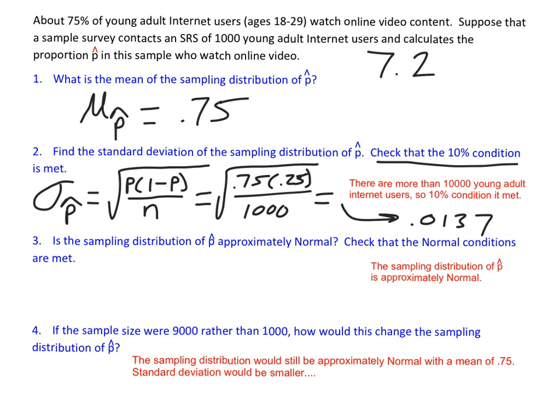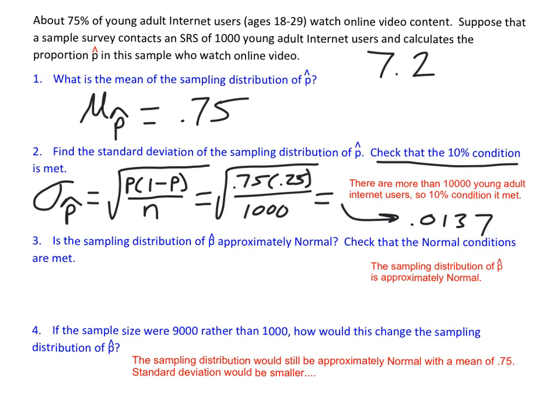Anytime that standard deviation comes up, make sure to check the 10% condition. The formula for standard deviation we have there works for samples. It's not the standard deviation of the population, and as n gets really close to the population size, this formula is not going to work. So we have to stay within 10% to make sure that we're truly sampling and not approaching taking a census.